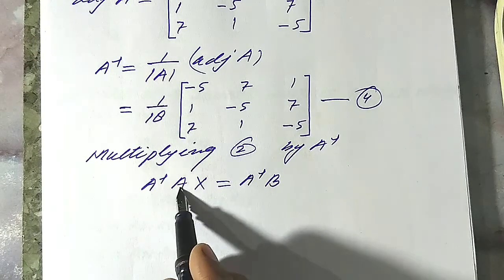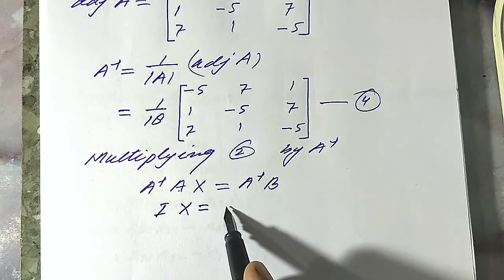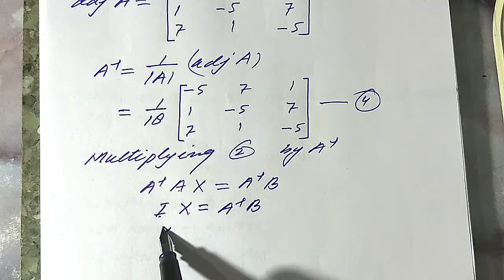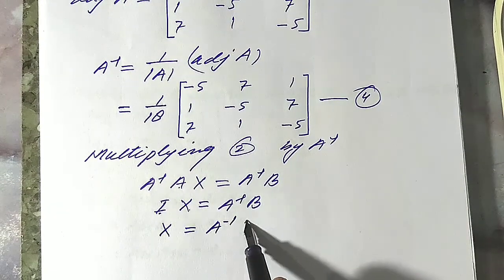As a result, A inverse into A becomes I by the property. So we have I into X is equal to A inverse B, and I into X becomes X by the property again. We have X is equal to A inverse B.